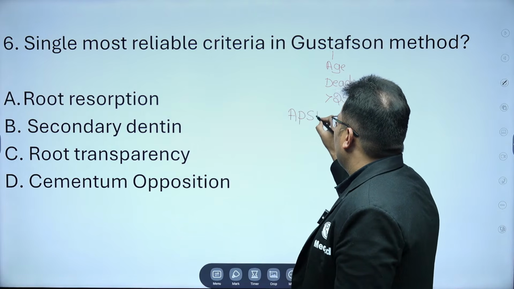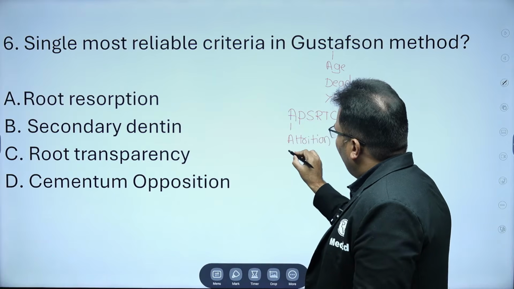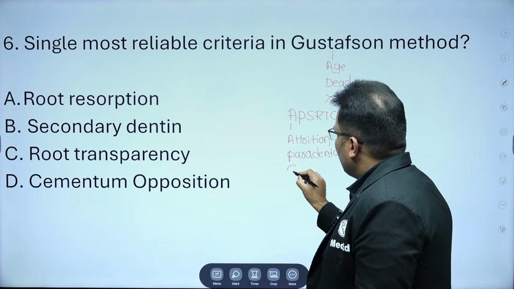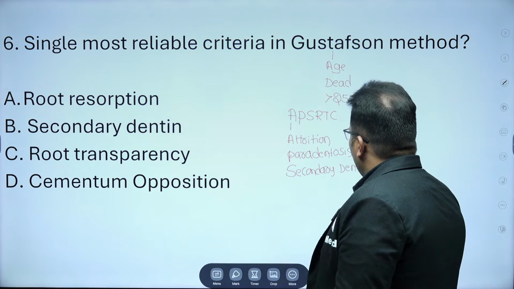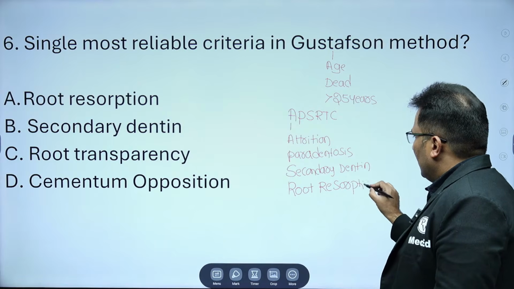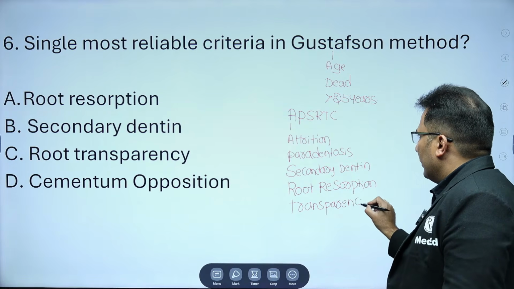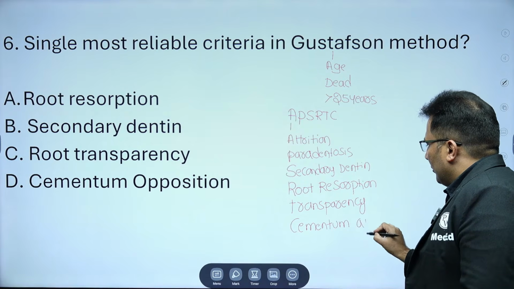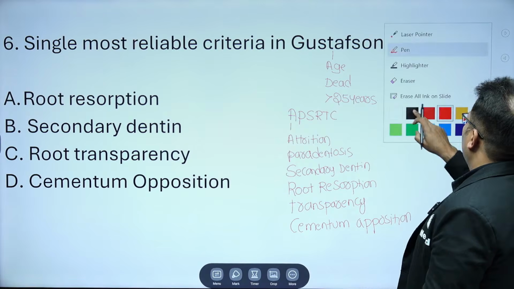Mnemonic is APSRTC. A for attrition, P for paradontosis, S for secondary dentin, R for root resorption, T for transparency, very important topic, and C for cementum apposition. Remember the APSRTC mnemonic.